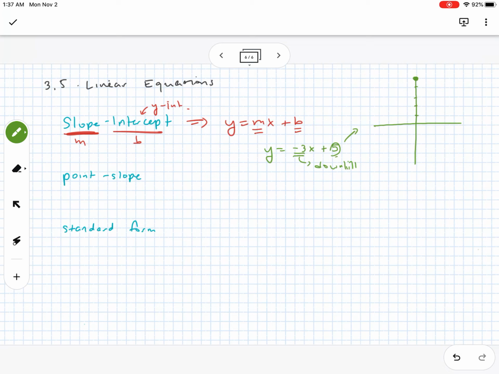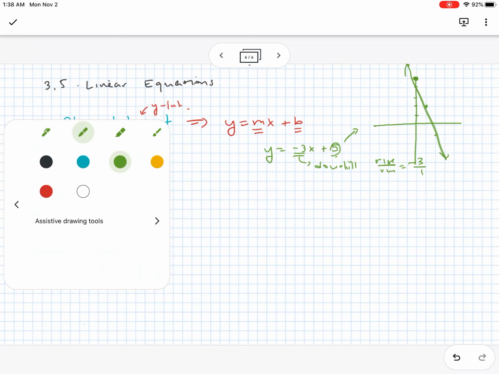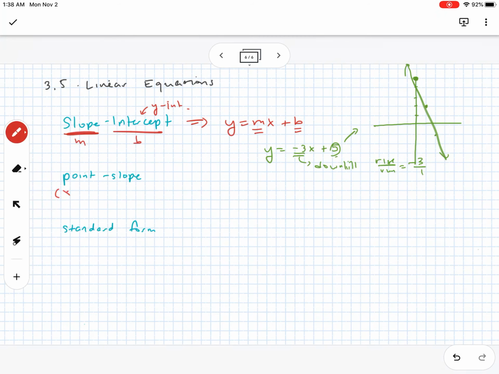We put a point there. And then we use our slope, which is downhill, right, with a rise over run of 3 over 1, right? So down 3 over 1. Down 3 over 1. Like that. And then we're able to graph the line that looks something like that.